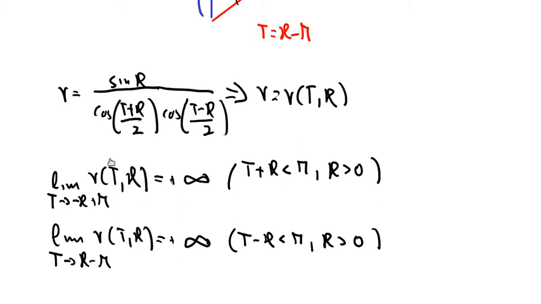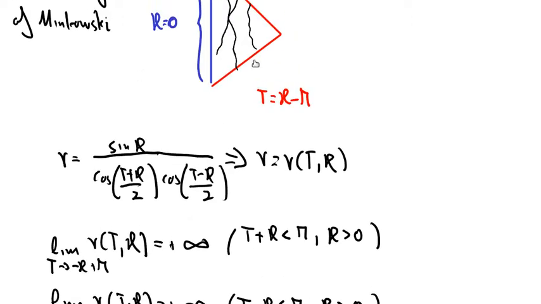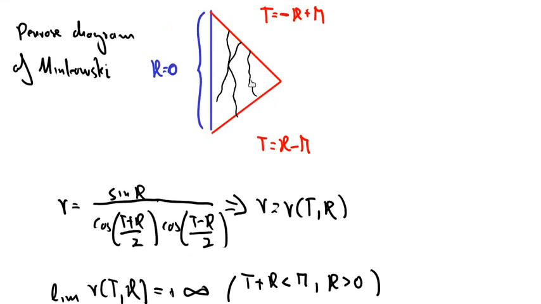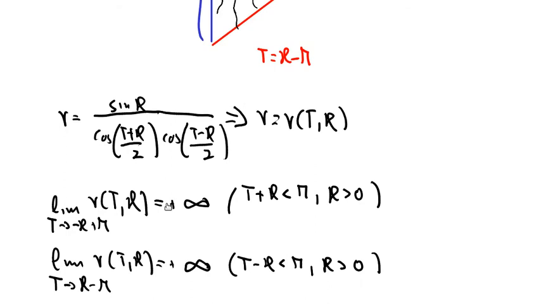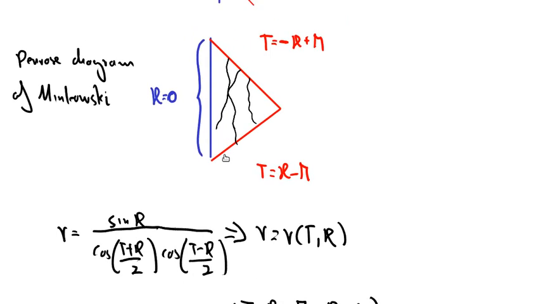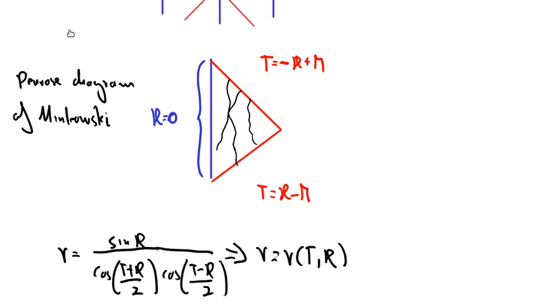What it means is that this red boundary corresponds, in our original Minkowski spacetime, to points in which small r is infinite. So I can just write here small r equal to infinity.